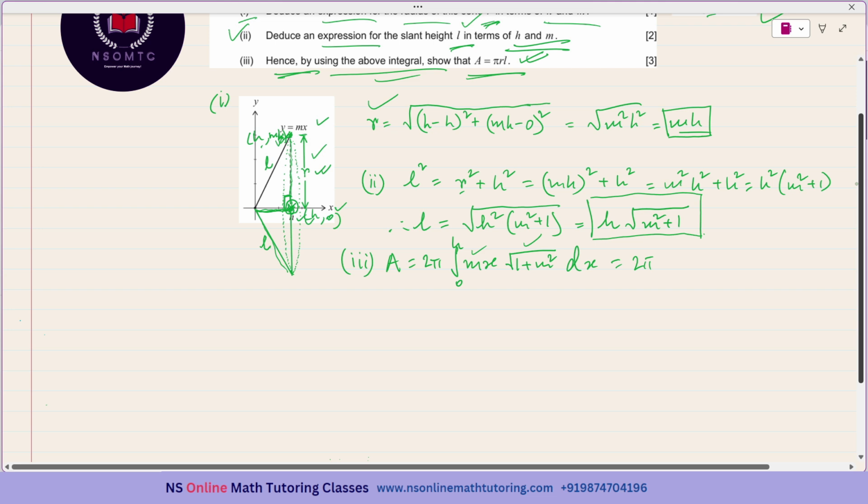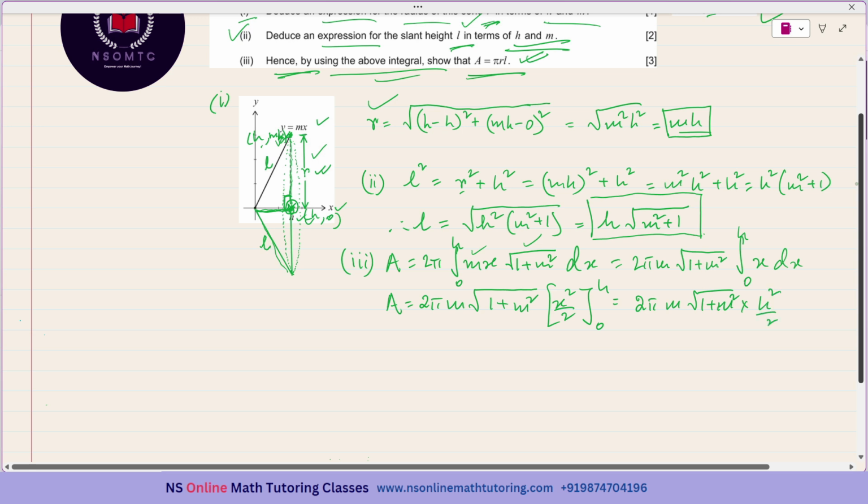So this is equal to 2 pi times m times square root of 1 plus m square, and the integral of x dx from 0 to h, which is equal to 2 pi times m times square root of 1 plus m square times x square over 2 from 0 to h, which is 2 pi m times under root 1 plus m square and times h square over 2, because it will be h square over 2 minus 0 square over 2, which is 0.